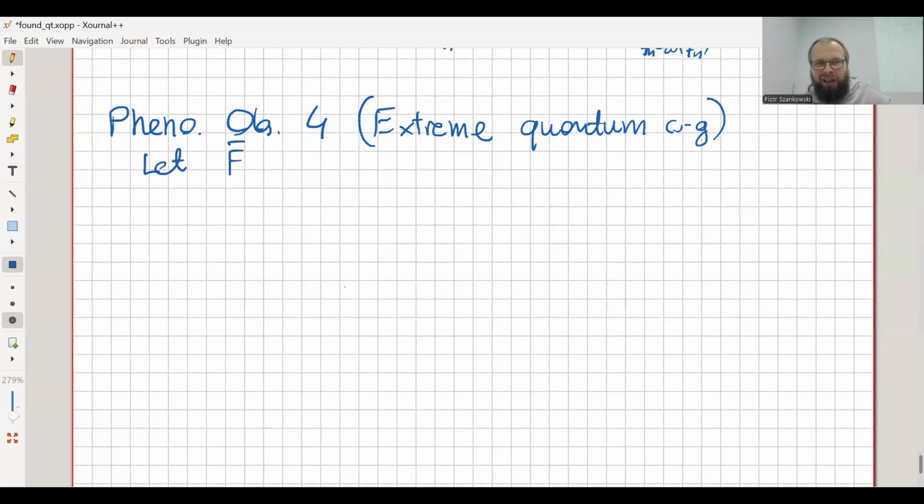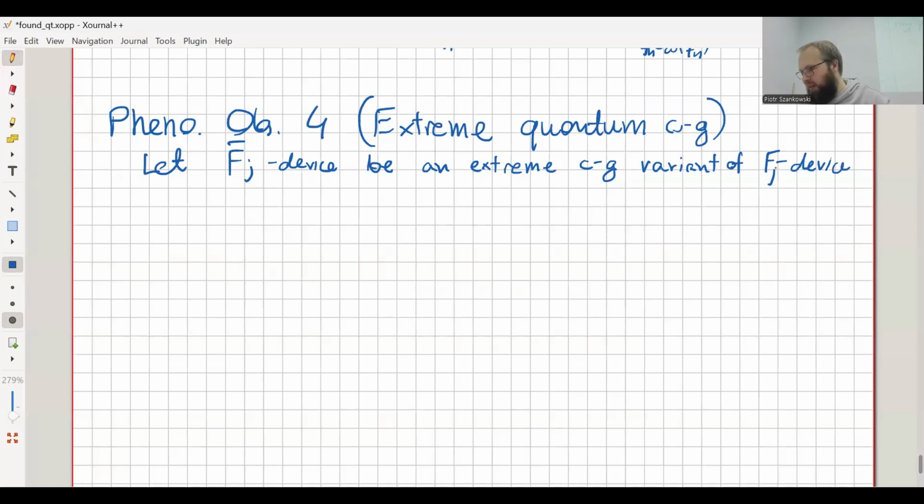Let F bar J device be an extremely coarse-grained, extreme CG variant of F device, FJ device, so that it is incapable of resolving between any alternatives.